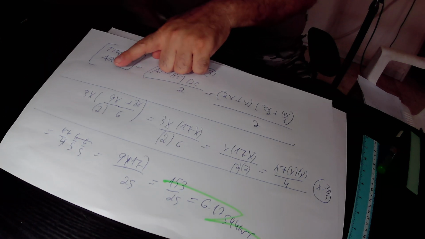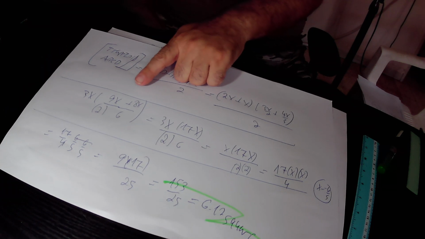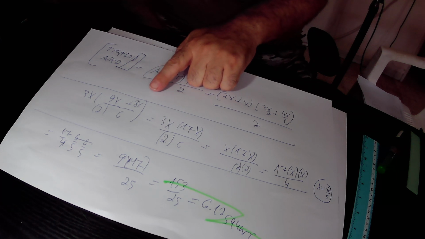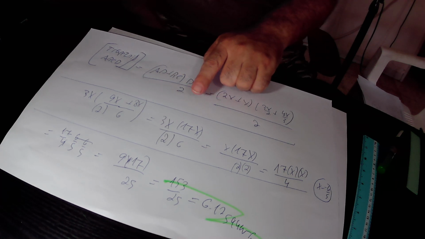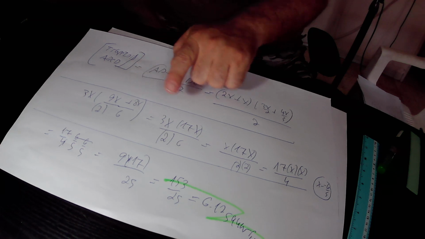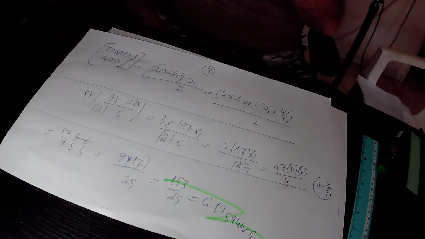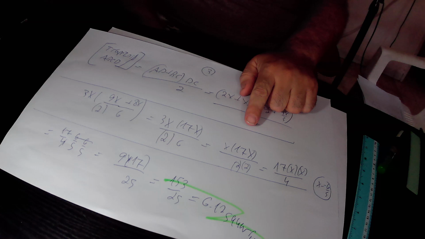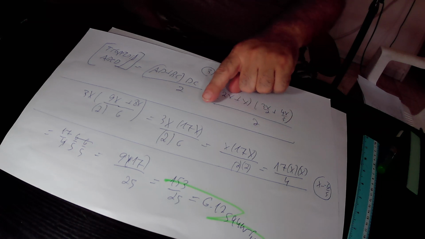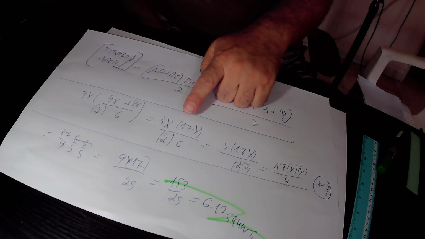So we have 3x. Inside the brackets we have 9x plus 8x, that is 17x. In the denominator we have 2 times 6. So we have 3x over 6.